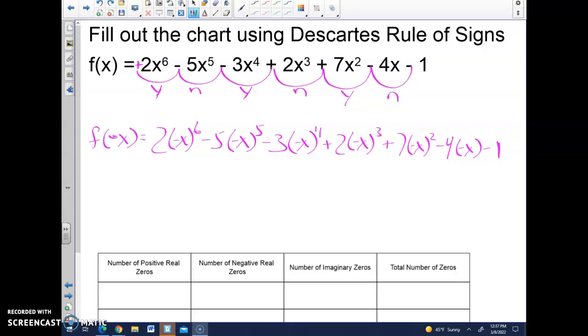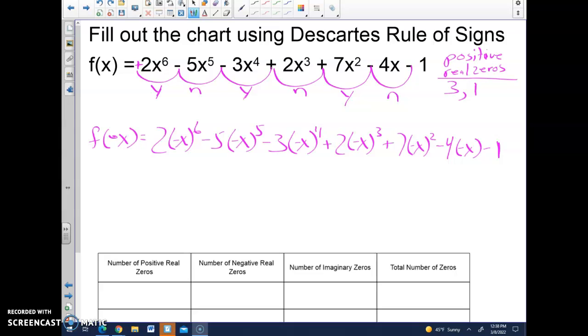No. So there's 3 sign changes, which means positive zeros, real zeros I should say, we have a possibility of 3 or 1. You always count it down by 2 until you get to 0 or 1.